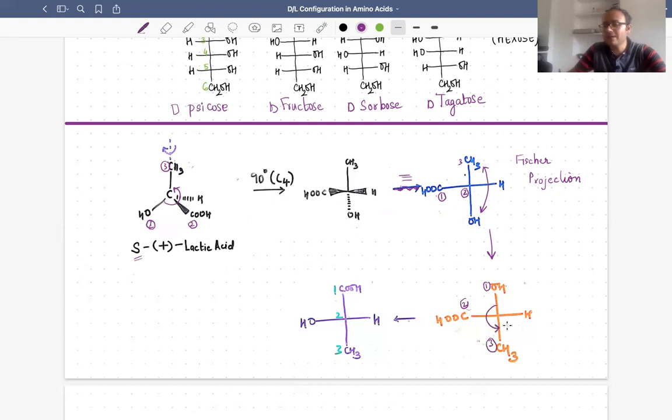It looks to be anti-clockwise and should be S. But you know, since the lowest priority group, that is hydrogen, is on the horizontal bond, therefore the actual configuration of this would be R. The actual configuration of this was S, as we discussed previously.